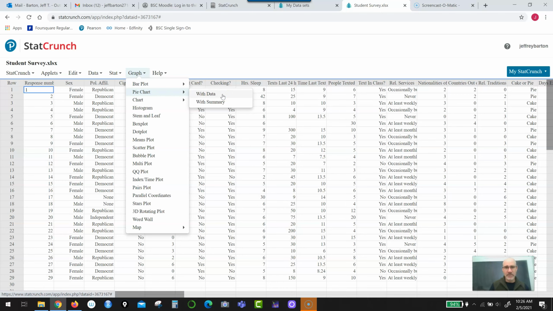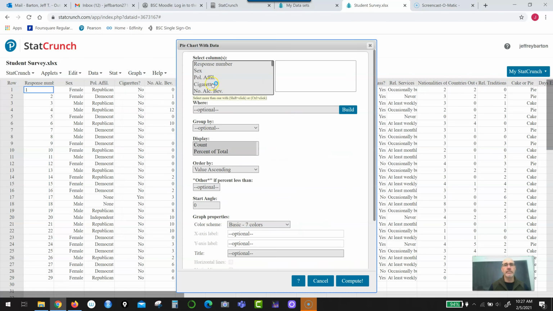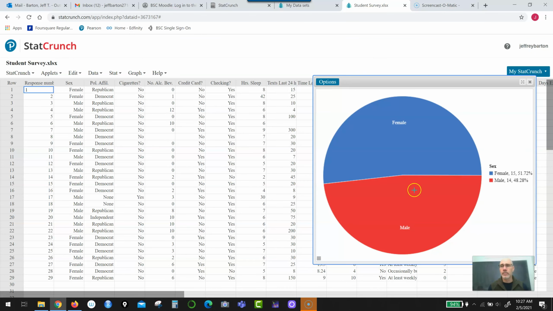And then with data, it just tells it to look in the column I'm going to tell it for the data. Right, I'm interested in how the sex breakdown turned out. And so I just need to tell it that's where the data lives, in that column. And then I'll hit compute. And it looks like we got a roughly even spread.